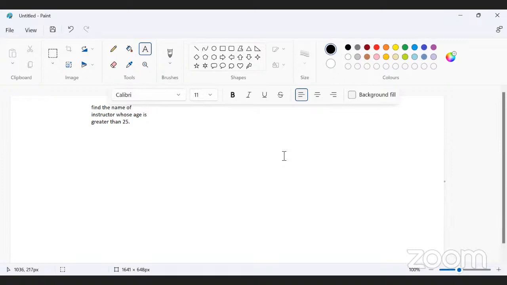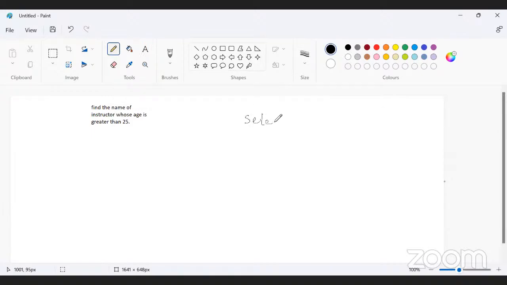Yeah, that is absolutely correct. Now tell me what is the relational algebra expression? This is the SQL query: select name from instructor where age is greater than 25.